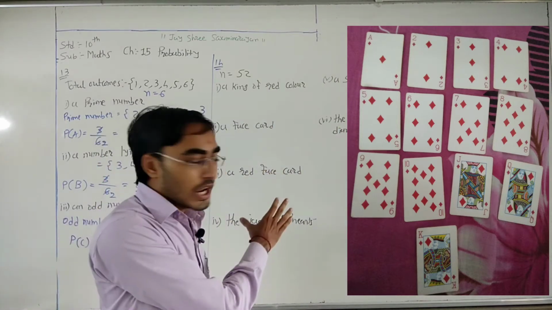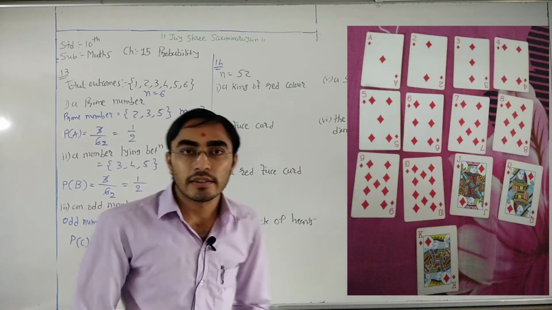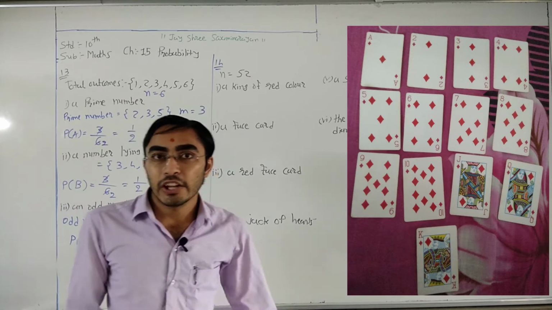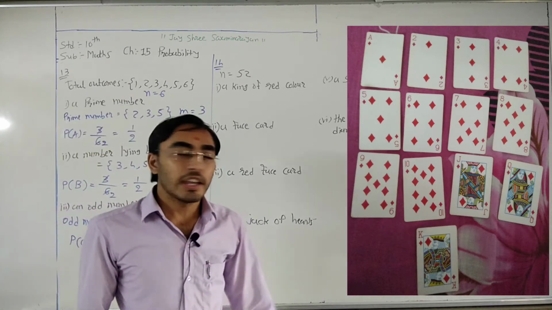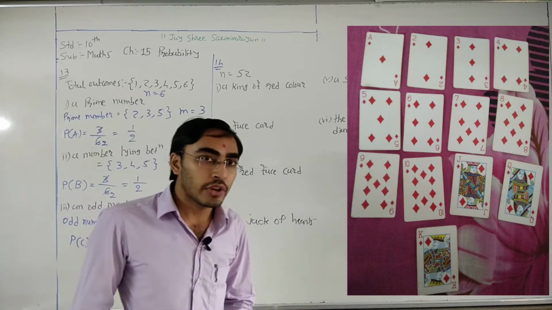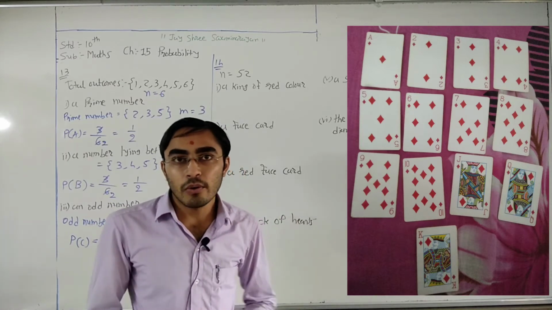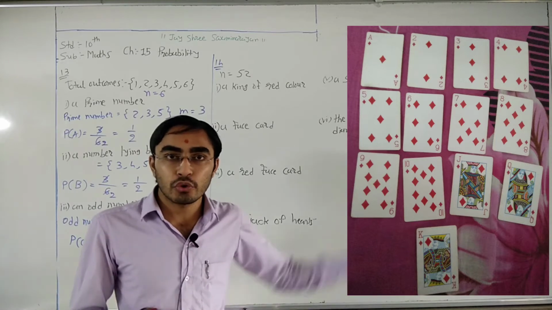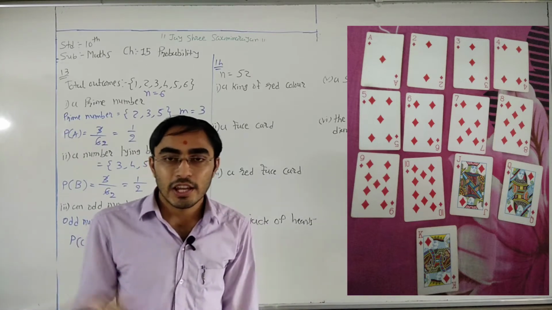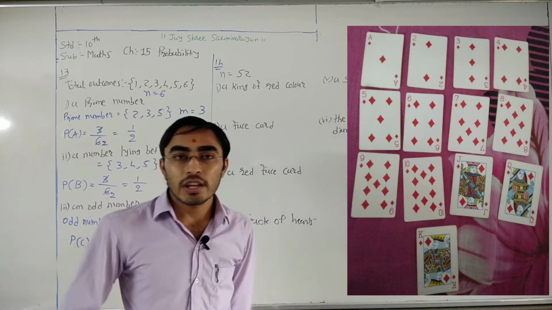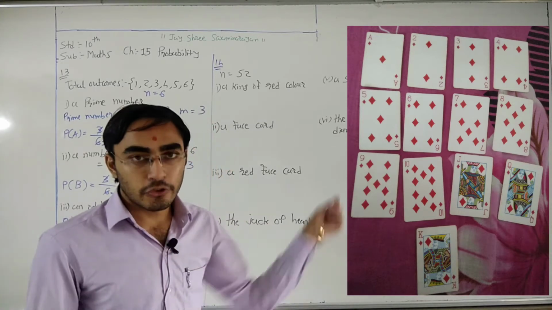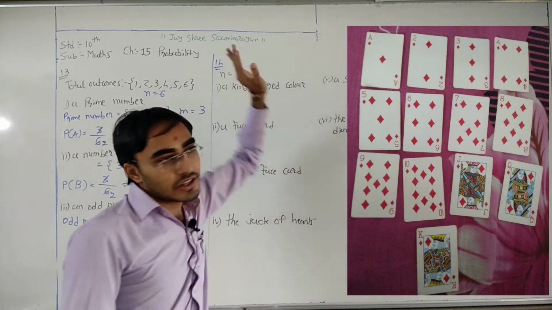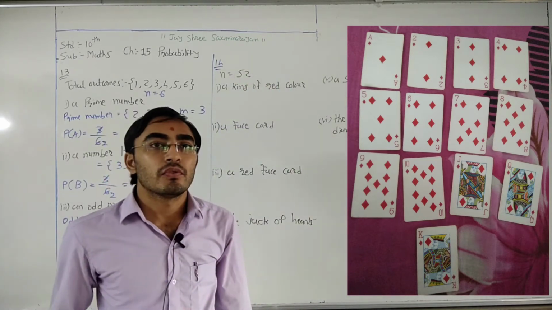After that, Jack, Queen, King. Again, first one is Ace of diamond shape. Again, if we want to see the face cards, total three face cards we have: Jack, Queen and King. Jack is represented by J, Queen, Q. Okay, what is the first letter of Queen? It is Q, and for King, K. So again, 13 cards are of diamond shape.